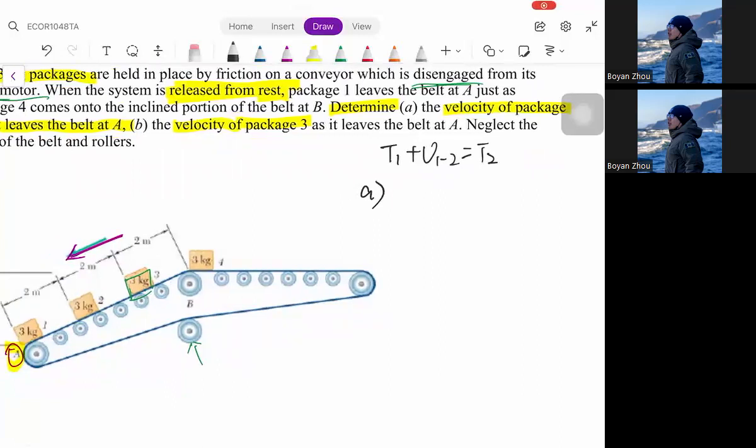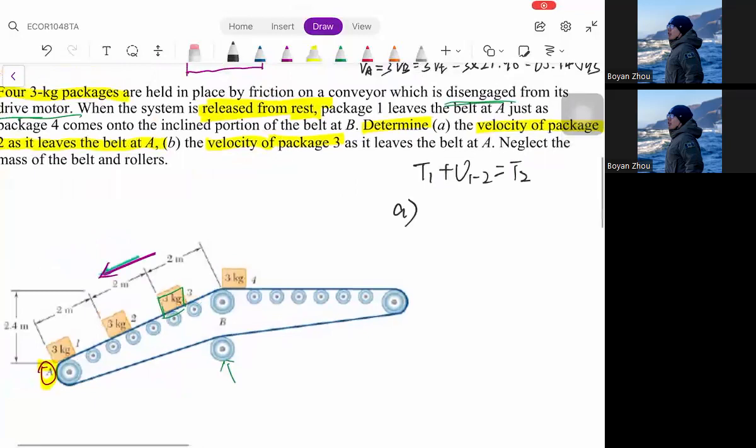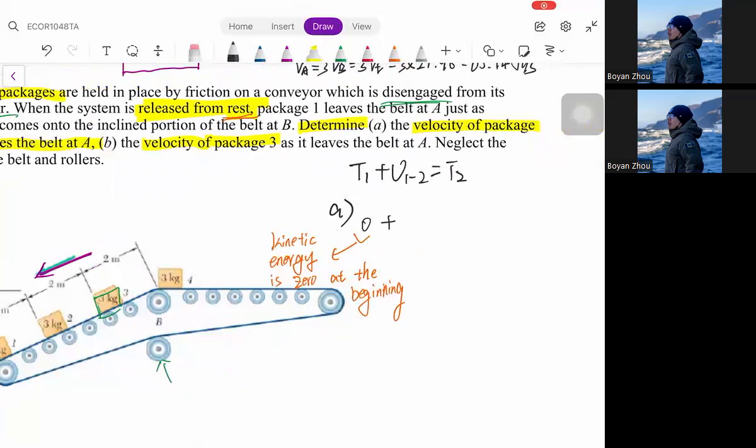So what is T1 at the very beginning? We know the system is released from rest, so the kinetic energy at the beginning is 0, plus the work done by the external force.